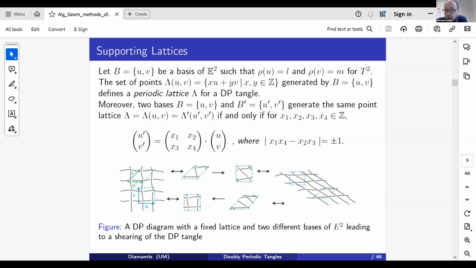Different bases for the plane will give rise to equivalent double periodic tangles. Here you can see the UV, the blue one, the classical basis, and the UV prime, the green one, if I see correctly, and you see it's just a shearing.